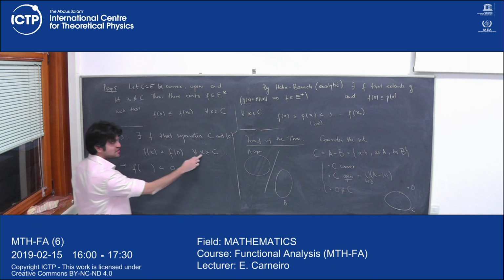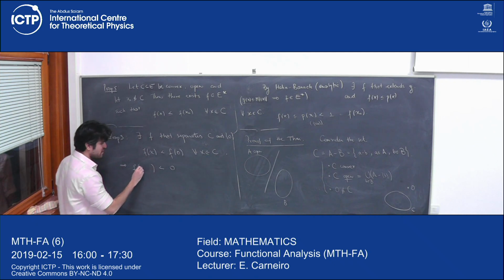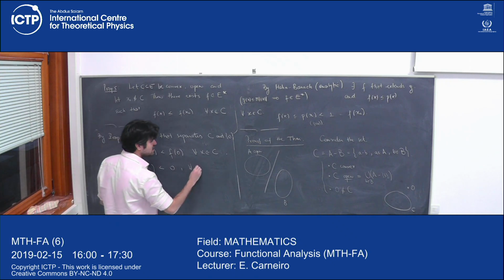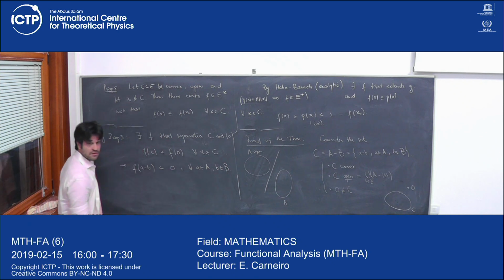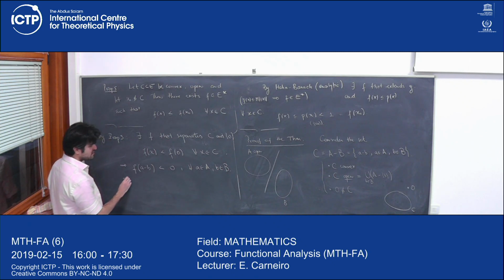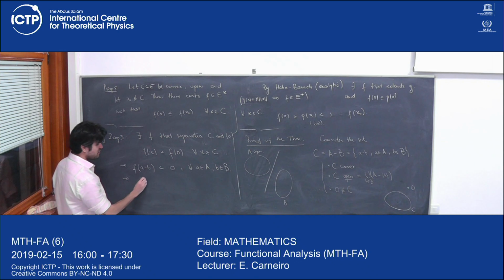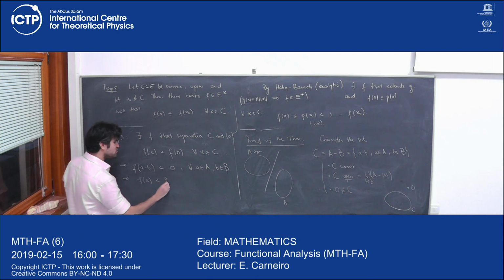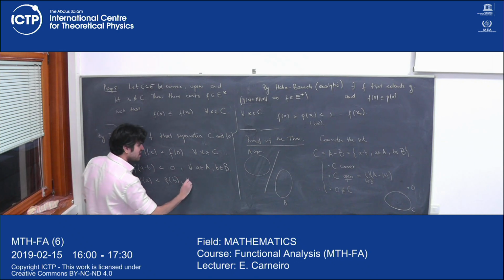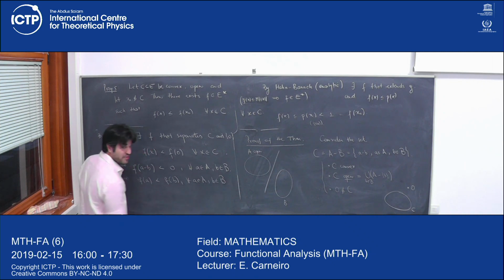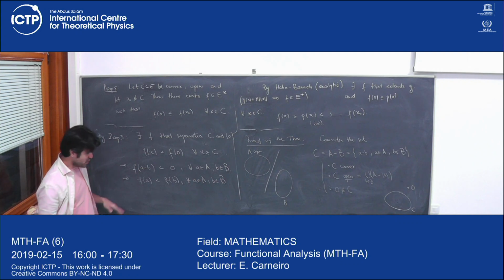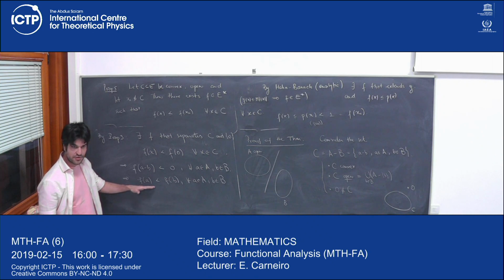But any point x in C is of the form a minus b. So f of a minus b is less than 0 for any a in A and b in B. So this means that, since f is linear, f of a is less than f of b for any a in A and any b in B. And we're going to use a trick, an observation that we used in the last class, right?